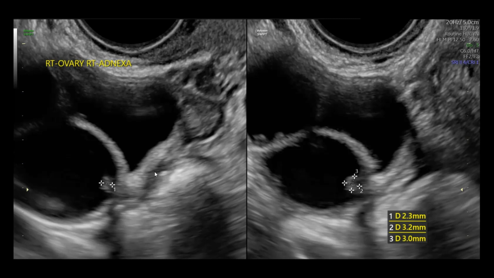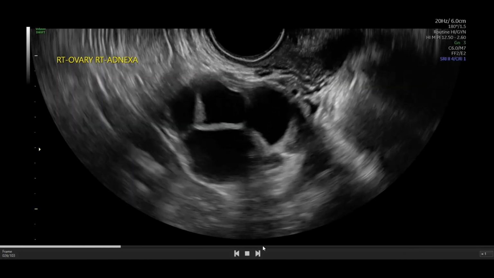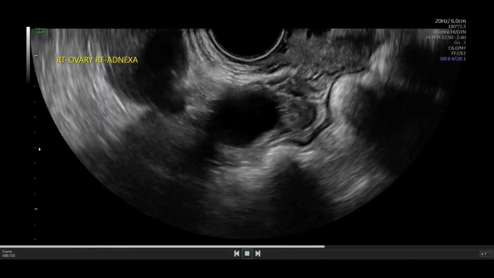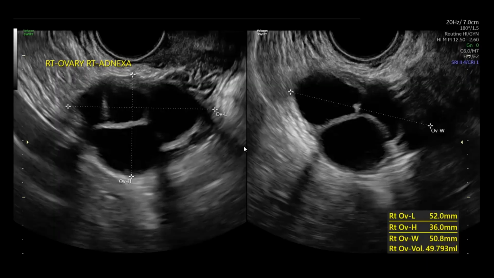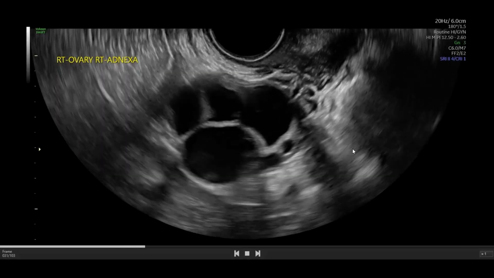What would have benefited me in this particular view is to understand, again, relativity and directionality. So I'm going to go back to this and try to understand. This is our transverse view here.